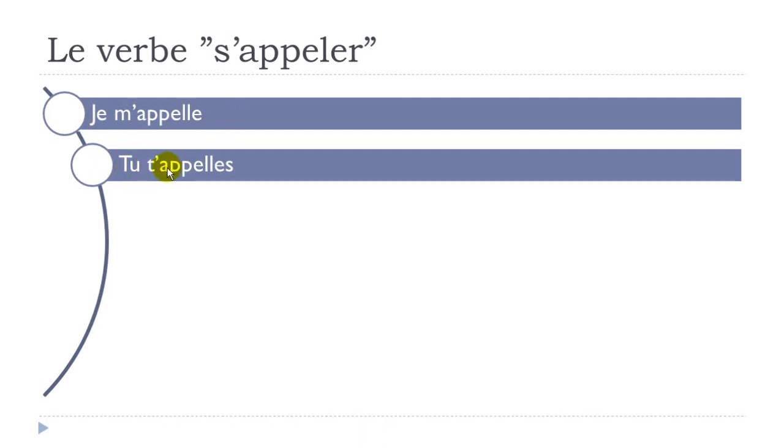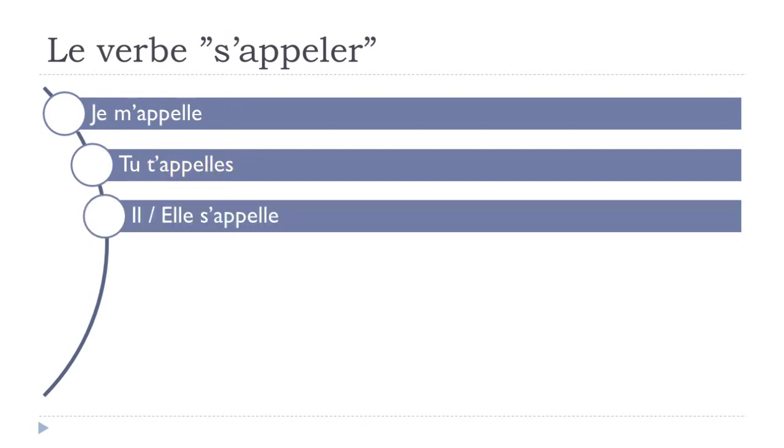All right, second form, tu t'appelles. Remember, final s not pronounced. Tu t'appelles. Then il s'appelle. Elle s'appelle.